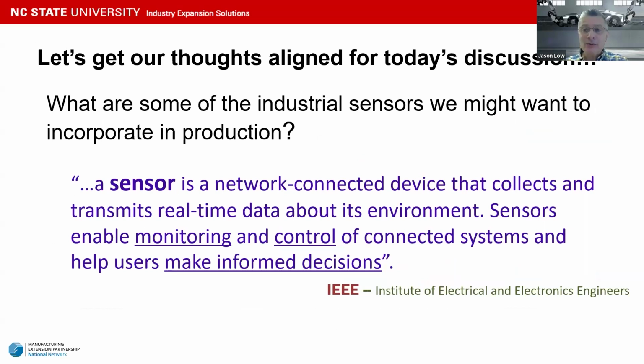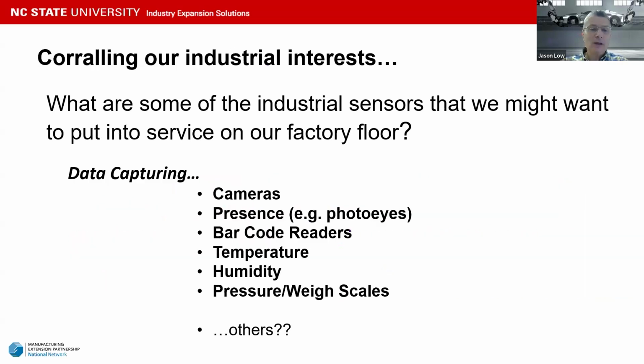That environment might be a control system, and like I said in the previous slide, it might be a higher level business decision system, an ERP system, an MES system, and so forth. So these smart sensors enable monitoring and control. And in the end, they're going to help us make informed decisions.